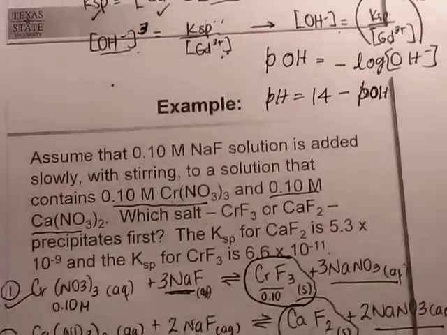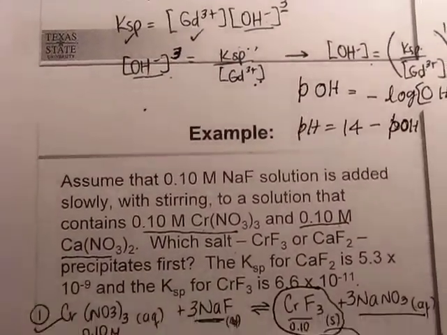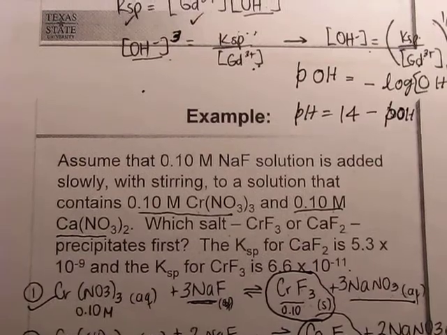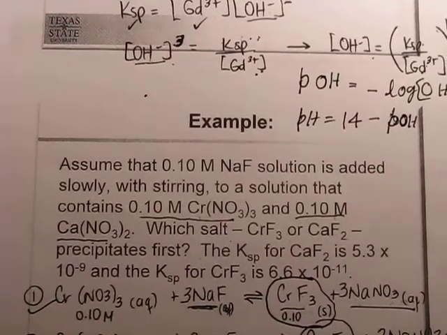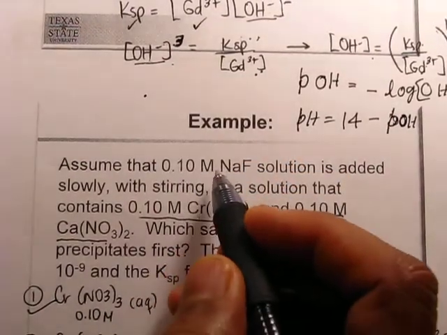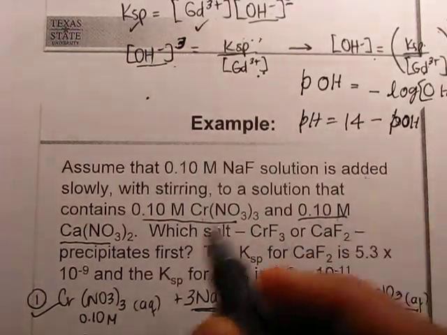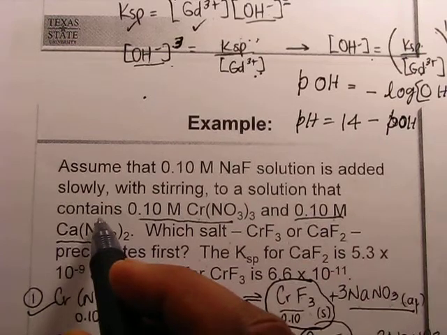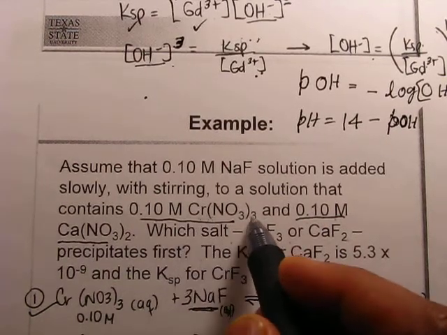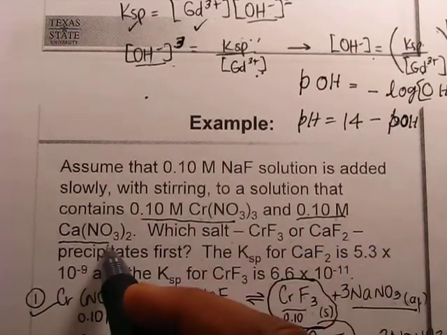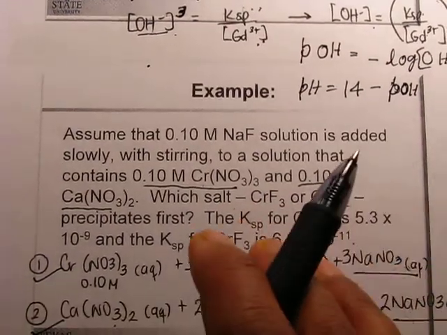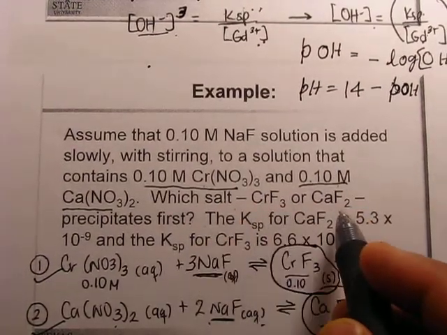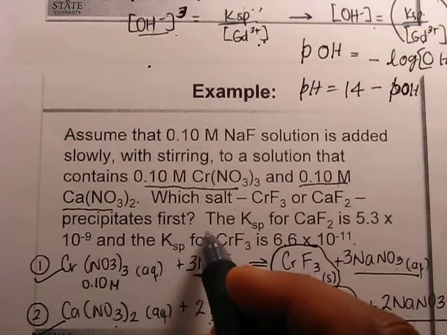And there is one more question to understand. Assume that 0.1 molar sodium fluoride solution is added slowly with stirring to a solution that contains 0.1 molar chromium nitrate and 0.1 molar calcium nitrate. Which salt, chromium fluoride or calcium fluoride, will precipitate first?